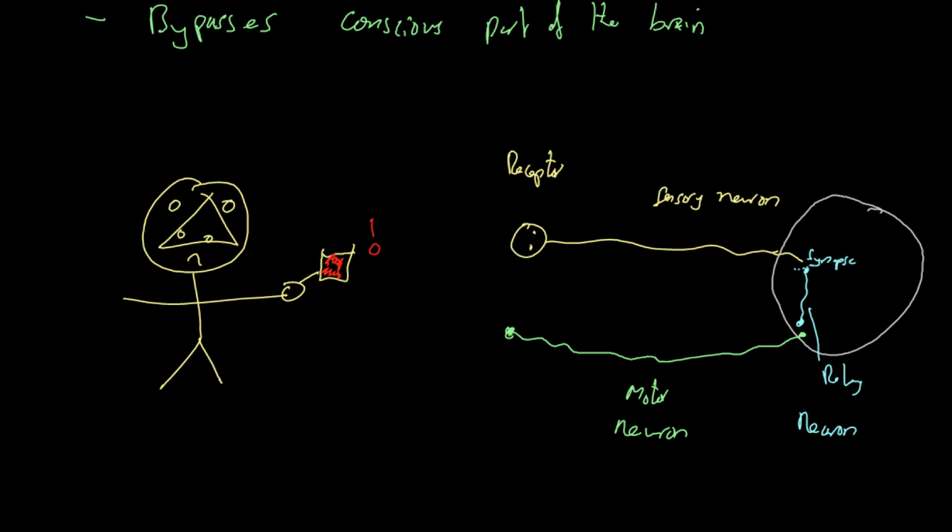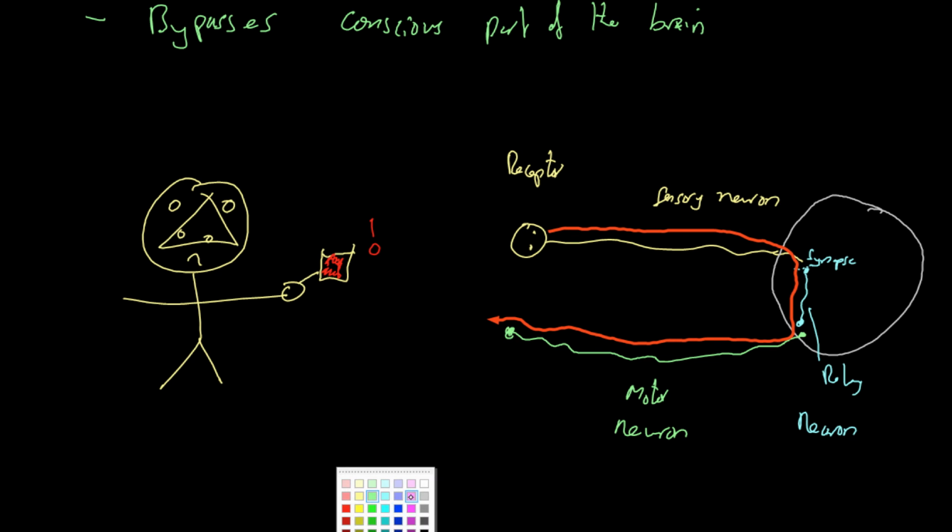So your direction of impulse is going to be from here, through the sensory neuron, across the synapse to the relay neuron. Relay neuron then sends it back via the motor neuron, and you'll then have the effector here, which causes a response.